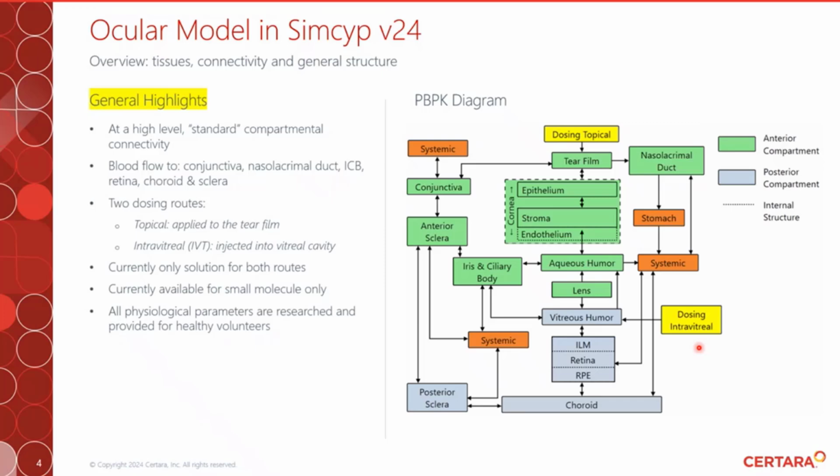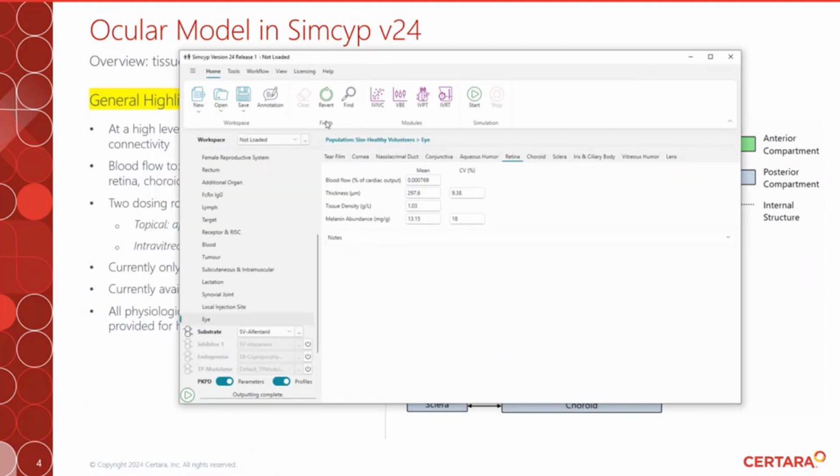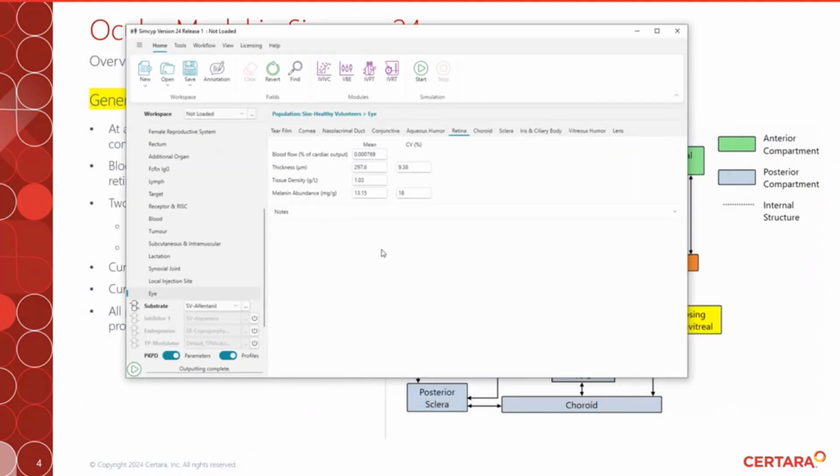We have researched physiological parameters for all the input here. I won't be showing the simulator too much, just for the sake of time. I can go through it a little bit more towards the end in the question period, if you have any questions.